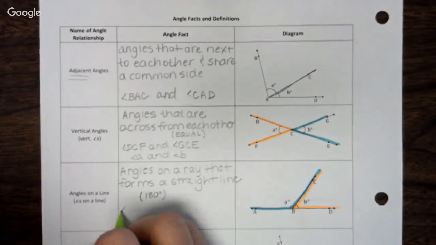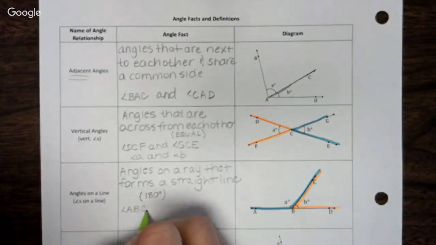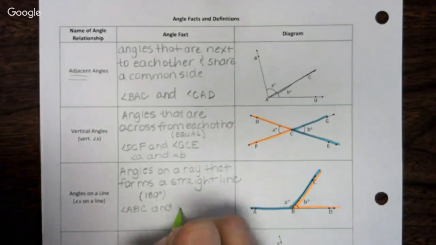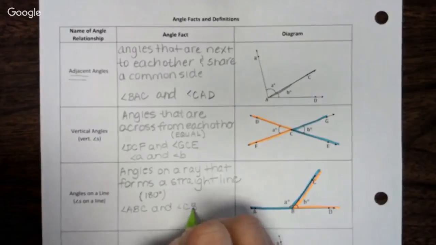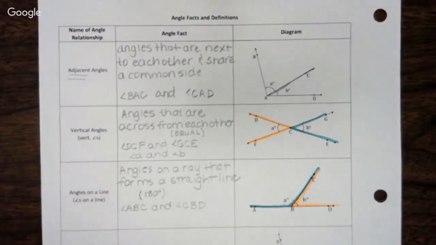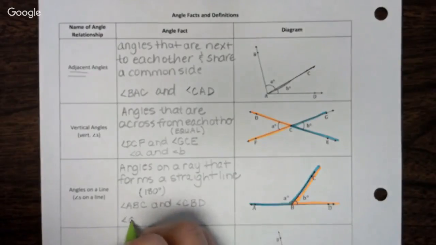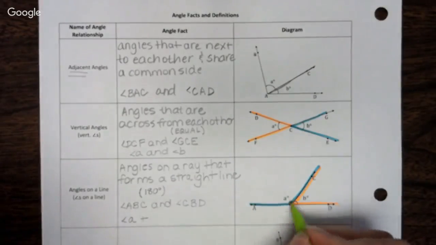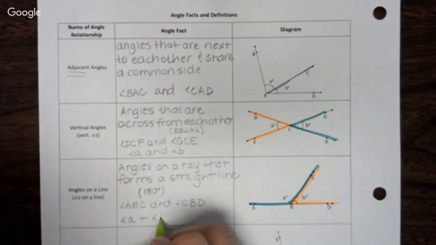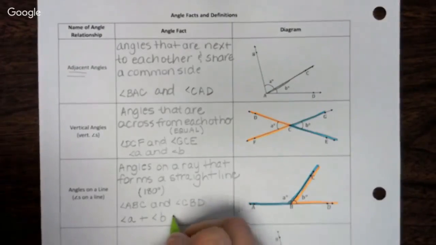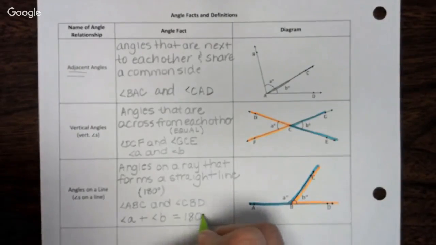Now, the two angles that I'm talking about are angle ABC and angle CBD. Now, I just told you they add up to 180 degrees. So what I would be saying is this blue angle plus the measure of the orange angle together would be 180 degrees.